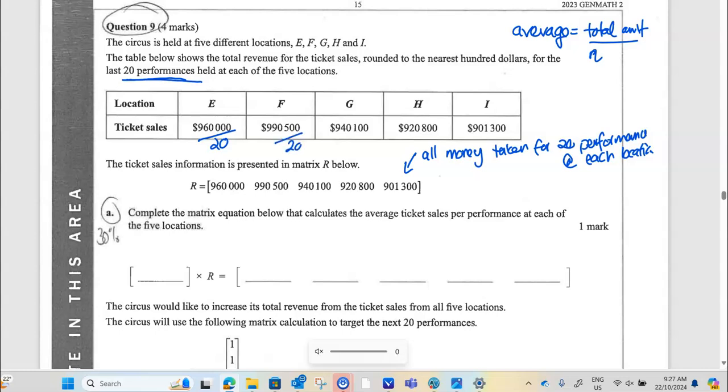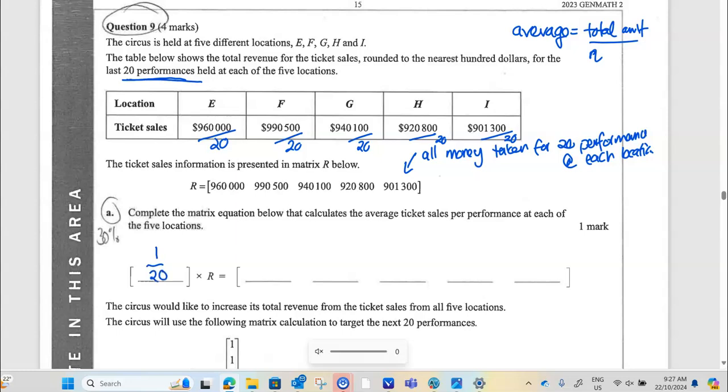Because they want all the locations to have that, it said to complete that. So if this one's R, I want to divide each of those individually by 20. The way I can do that is timesing it by a fraction like that.